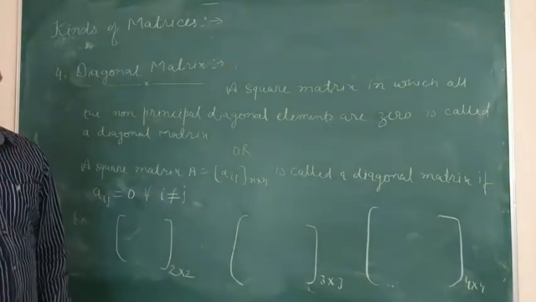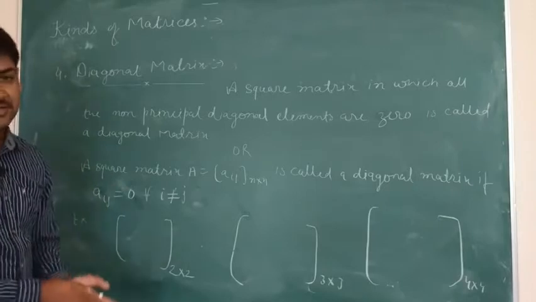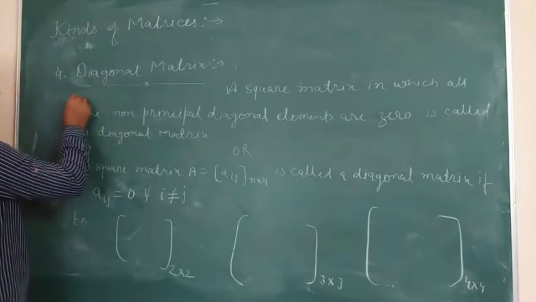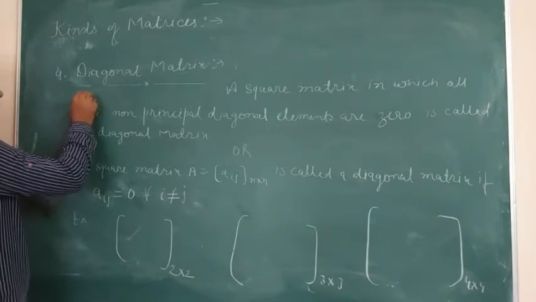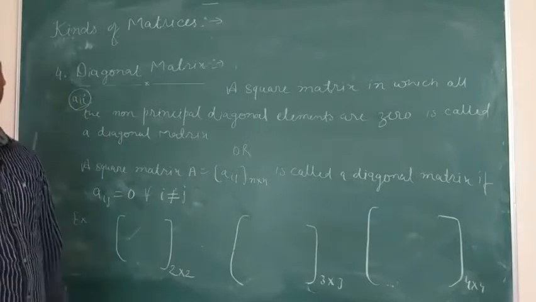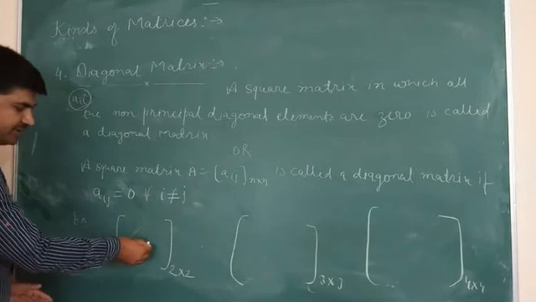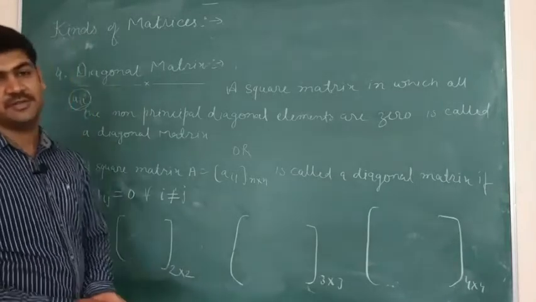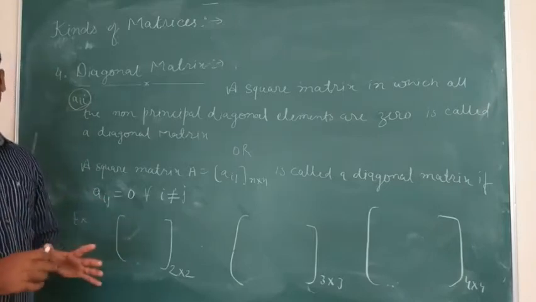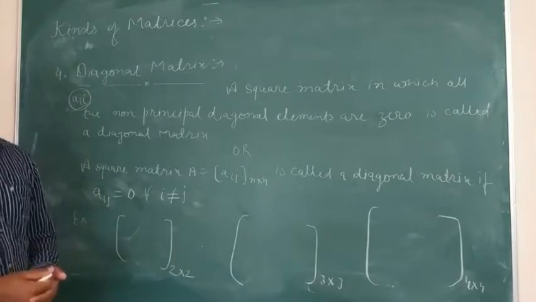So first of all you need to understand what is the principal diagonal of a square matrix. Dear students, in a square matrix the elements Aii are called the principal diagonal elements, means A11, A22, A33 and so on. So apart from these elements, if all the elements are 0, then that particular square matrix is called a diagonal matrix.